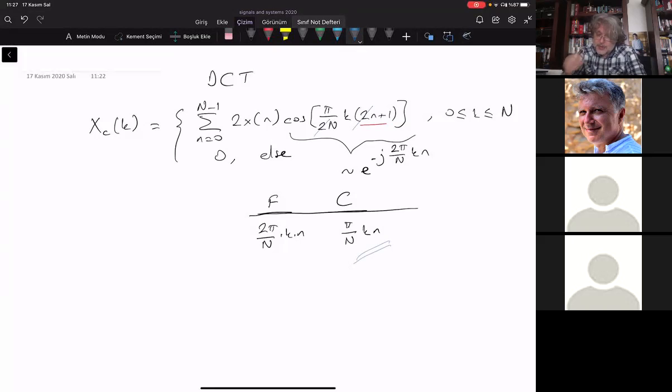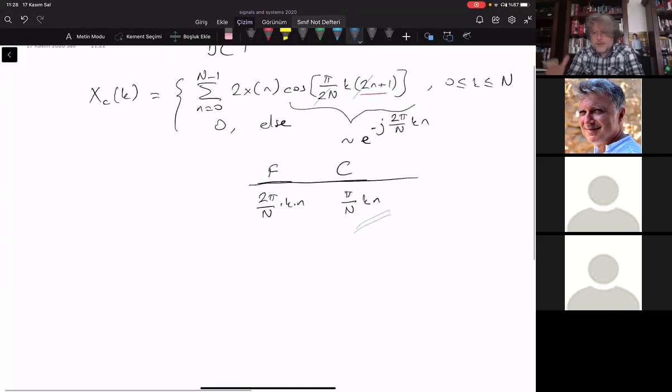When n is equal to 0, it would make cosine 0. Cosine 0 is certainly 1. And regardless of the value of k, it will always remain 1, and that would be a problem. To eliminate that kind of a problem, and to make the transform matrix an invertible one, we prefer to put a plus 1 here. That's why we are putting 2n plus 1 in the cosine angle.